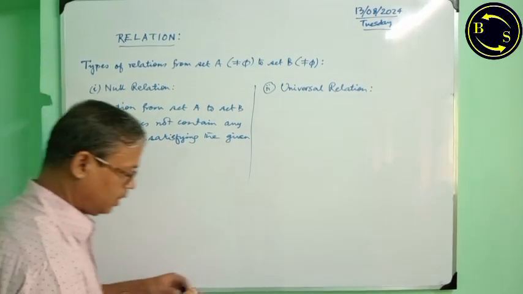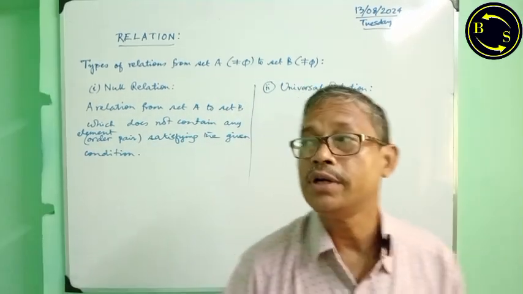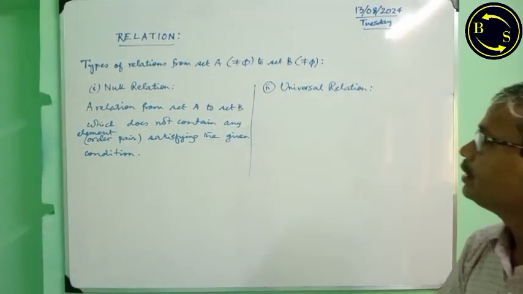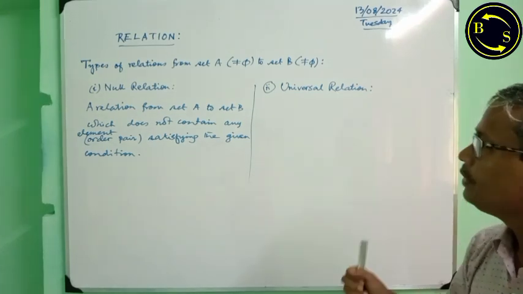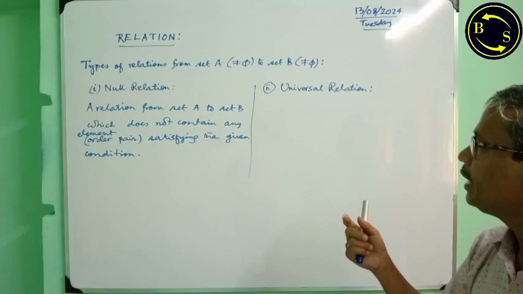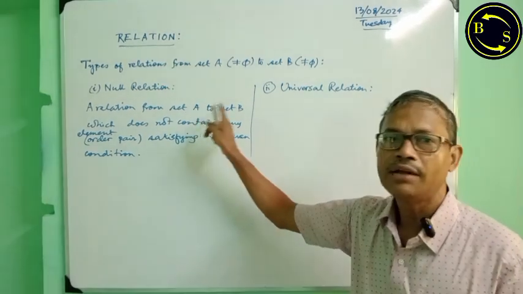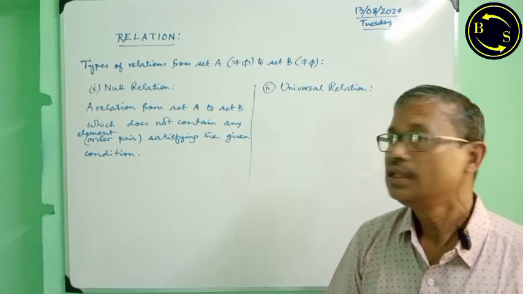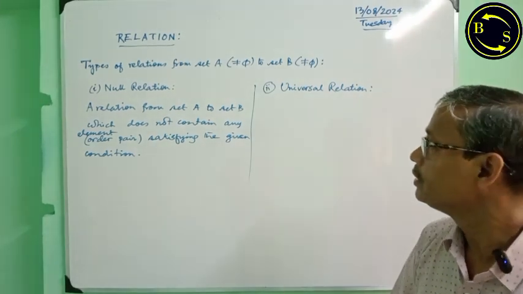Actually, a restriction, a condition, a property, rule, law will be given for determining a relation. If we find no ordered pair (A, B), where A belongs to set A and B belongs to set B, is satisfying that restriction, then we get the null relation.